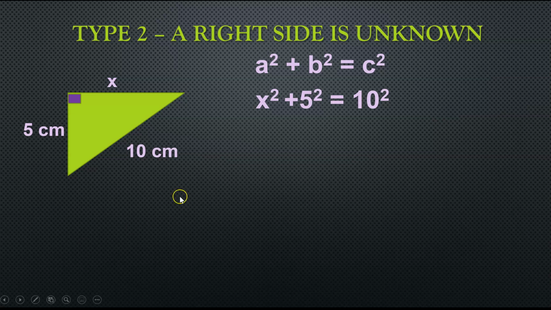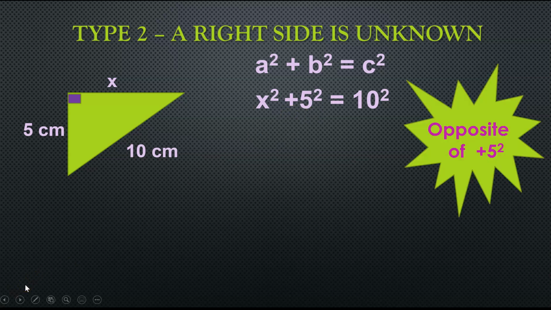Your job is to get the x squared by itself. So you need to get rid of this plus 5 squared. So you need to do the opposite. Can you tell me what the opposite of plus 5 squared is? That's right. The opposite of adding is subtracting. So you're going to do that to the other side.